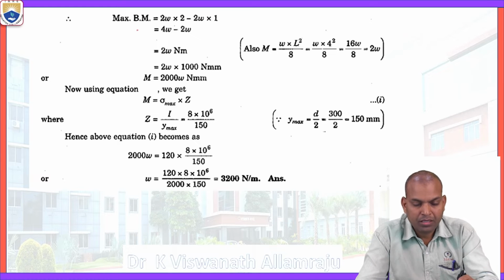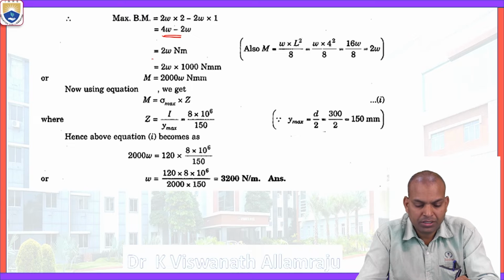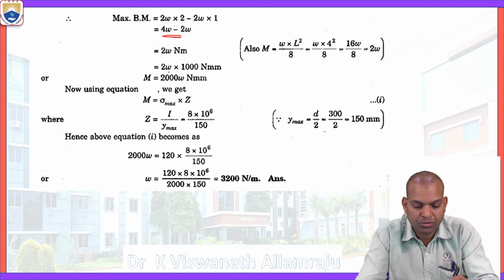Here it is 2W times 2 minus 2W into 1, that is 2 times small w Newton meter. Convert into millimeters, 1 meter equal to 1000 millimeters, that's 2W times 1000, that is 2000 W Newton millimeter.